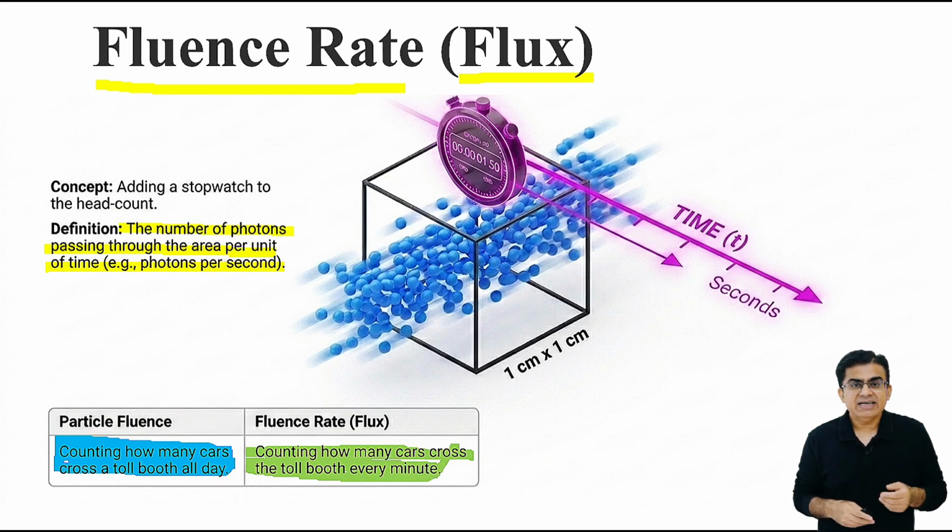It is the exact same head count, just measured against a strict time limit. During this step, we still do not care about the number of passengers inside those cars. We are strictly measuring the rapid rate of their crossing this toll booth.